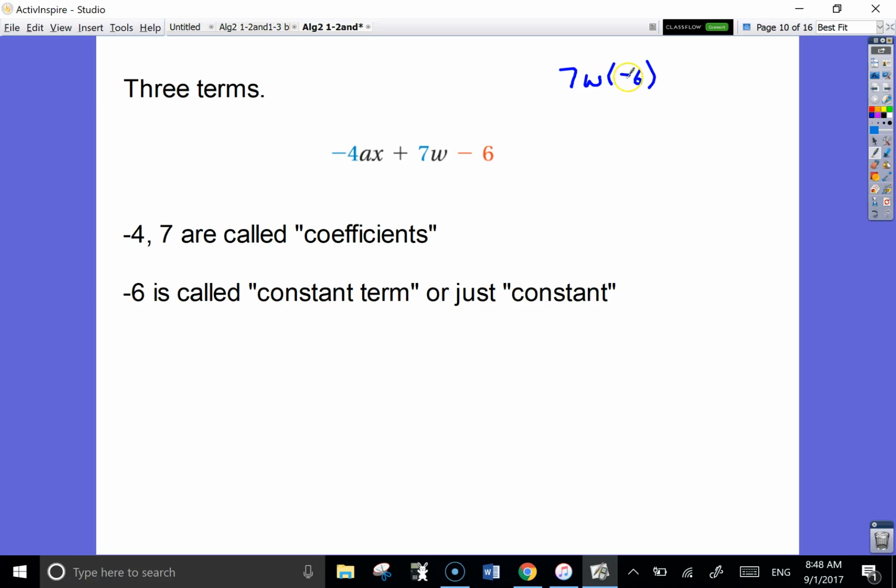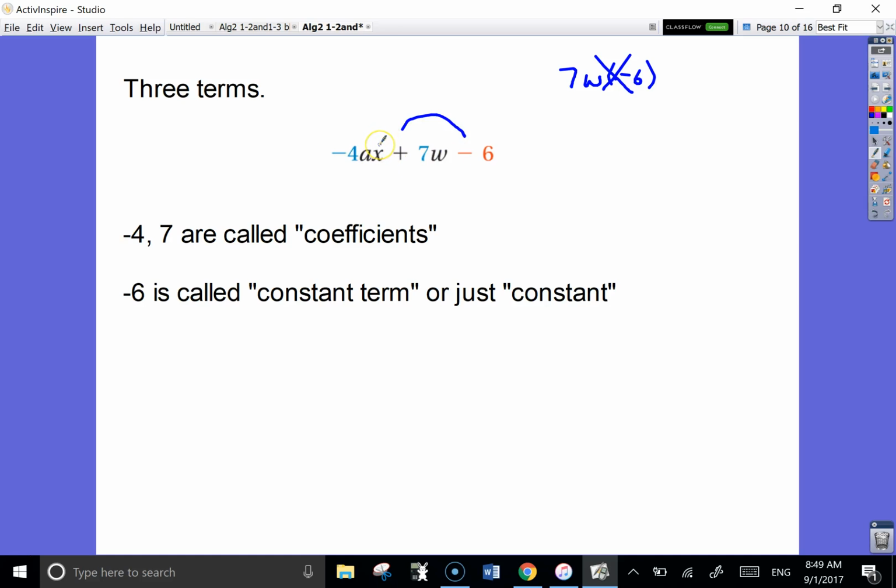That negative there is not a minus sign for subtraction. That's telling you that it's a negative number. So that should not be confused with 2 terms. So terms are separated by pluses and minuses. In this case then, since there's a plus and a minus, that means we've got 3 terms.